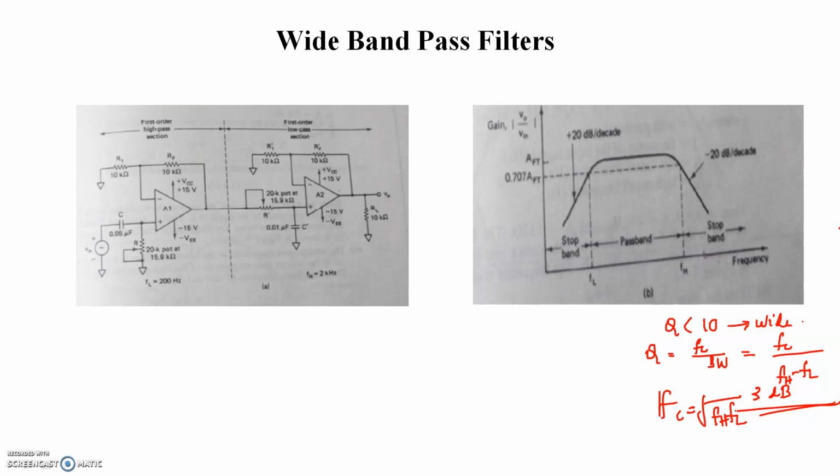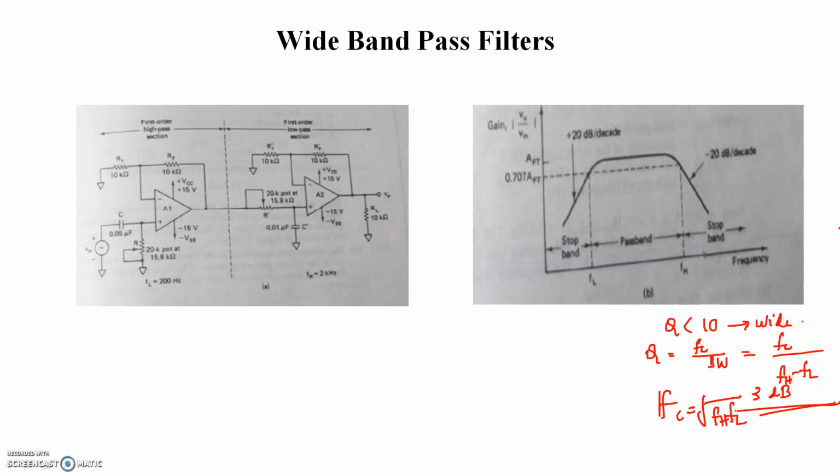The circuit diagram shows a first order wide bandpass filter, that is, a plus or minus 20 dB per decade wide bandpass filter. The circuit diagram is shown in this figure and its frequency response is shown here.